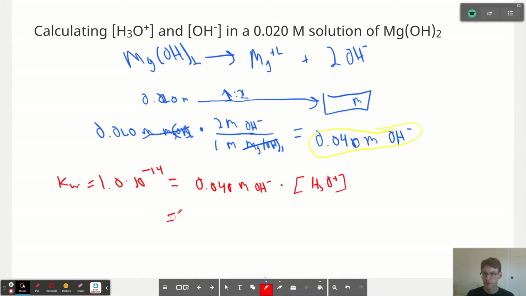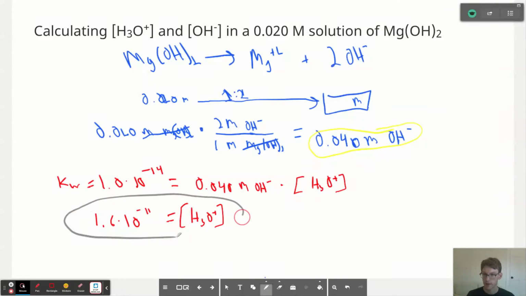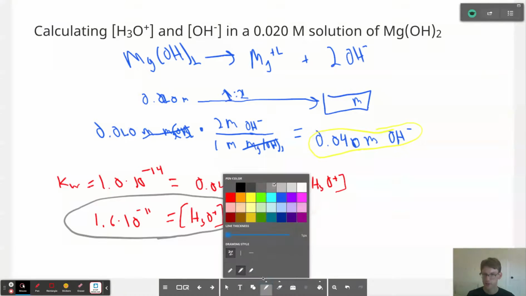Now, what is the concentration of H3O+? We can do the math, and it's going to be 1.6 times 10^-11. This is with the right number of sig figs, because we have 2 sig figs in our measurement. So there we go. I'll circle this in yellow again, so that we have our other answer circled. All right, those are our 2 answers though.